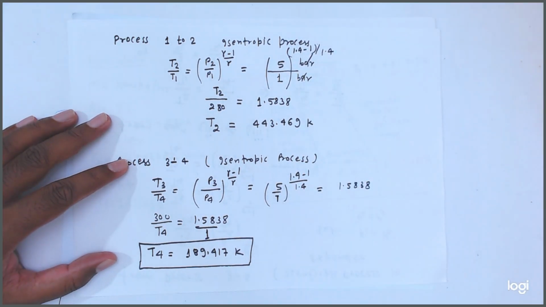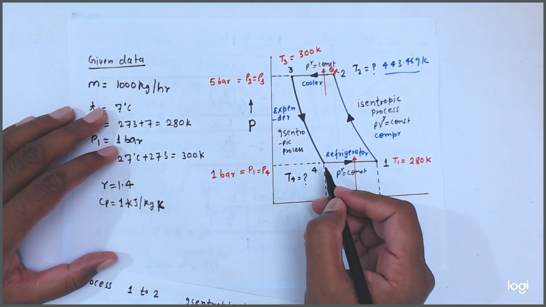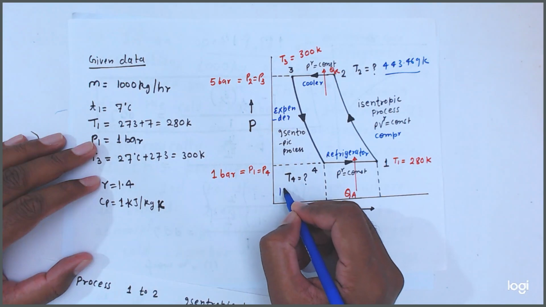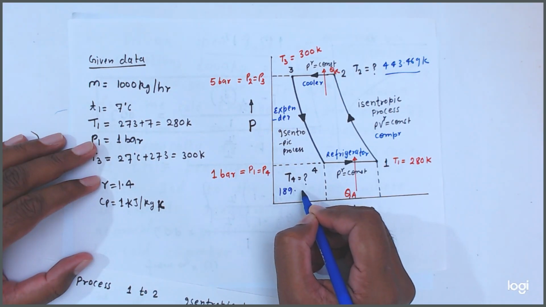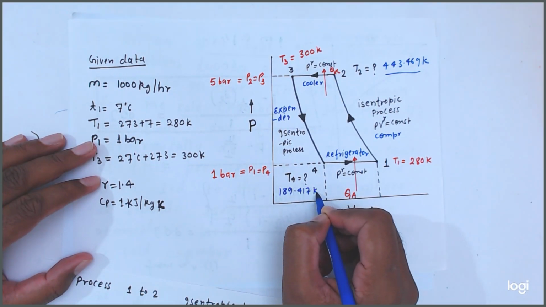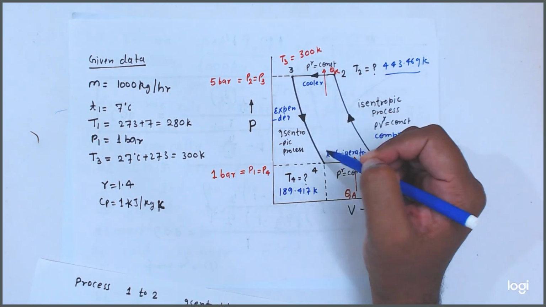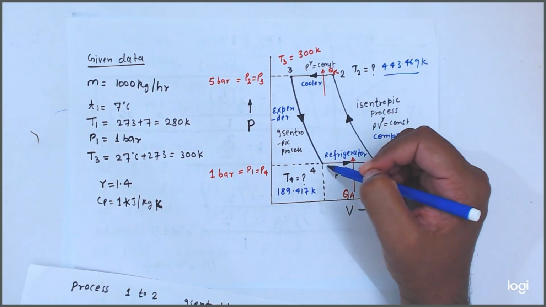Getting, friends? So T4 temperature is equal to 189.417 Kelvin. So we are able to calculate all the temperatures at points 1, 2, 3, 4.